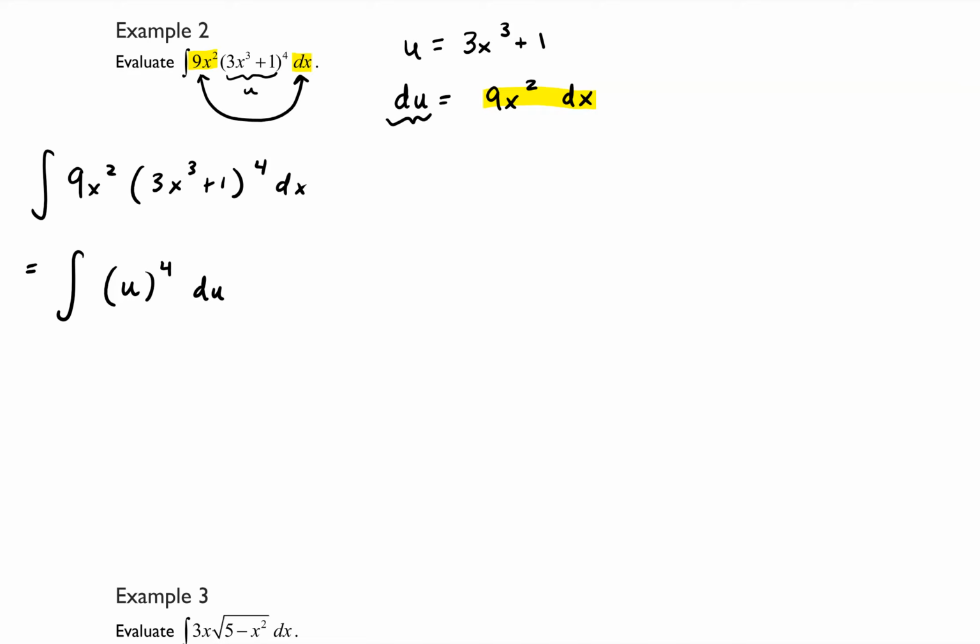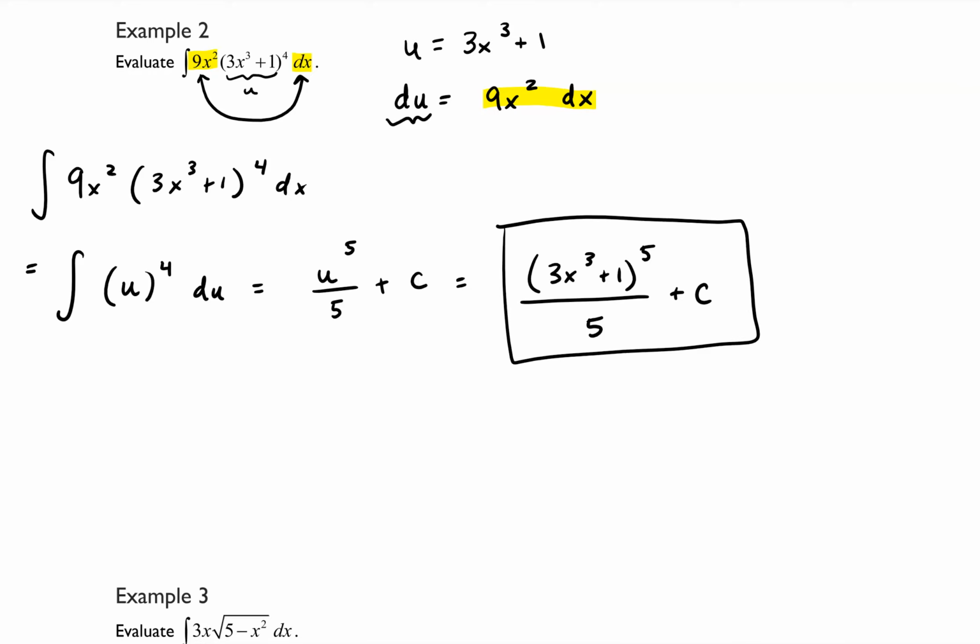So I've rewritten it, and now I can just use the power rule. That is equal to u to the 5th power over 5 plus c, and I just need to substitute back in the u value, which was 3x cubed plus 1, to get 3x cubed plus 1 to the 5th power over 5 plus c. So that is our final answer for this indefinite integral.